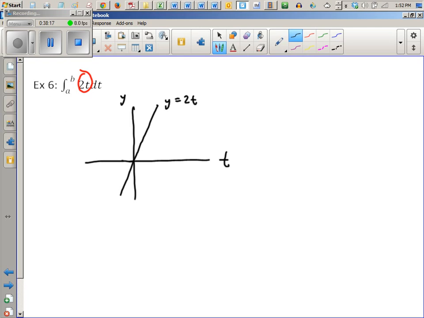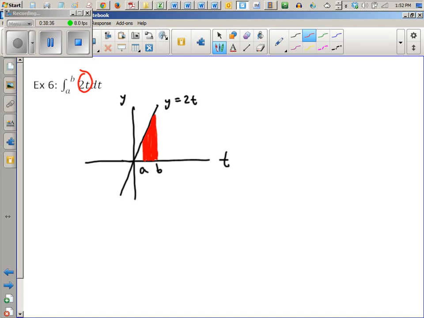And we're going from an arbitrary a value to an arbitrary b value. And I chose to draw them on the right side because I think that would help you understand it best. But you could draw the a and the b anywhere you want, as long as you understand that it should work in my case too.